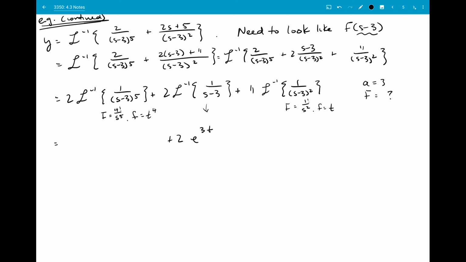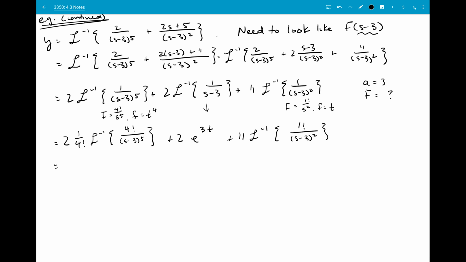So if we want this to look like 4 factorial over s minus 3 to the 5th, then we're going to have to divide by a 4 factorial out front. But our 1 factorial over s minus 3 squared is okay the way it is. So this is our F of s minus 3 for F equal to 4 factorial over s to the 5th.